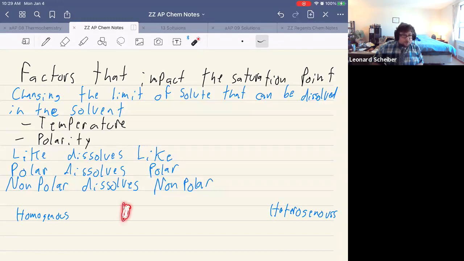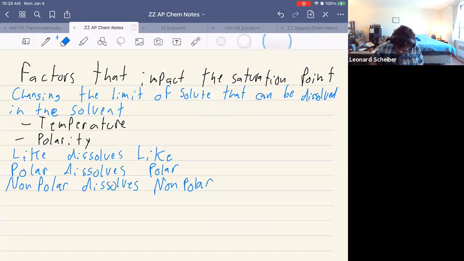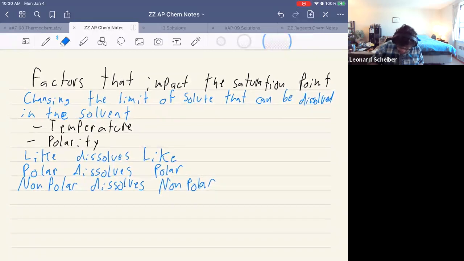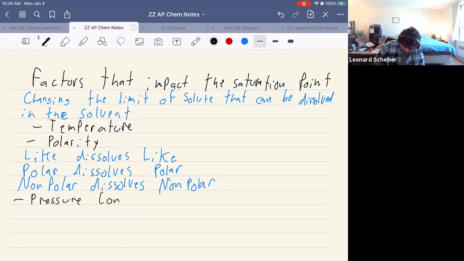It's clearly more mixed than not mixed, and this is all based on the size of the mixture. In emulsions, the mixed particles aren't dissolved on the molecular level. Anyways, I digress. Our final factor that impacts saturation point is pressure. But this is only for gaseous solutes.